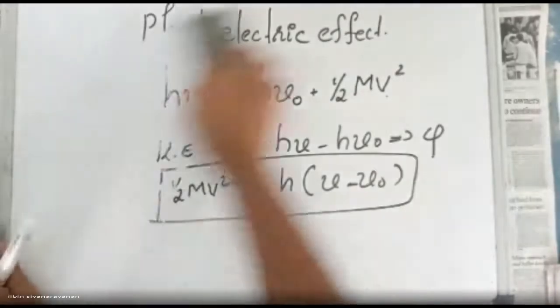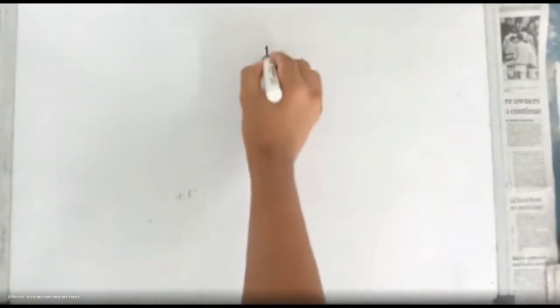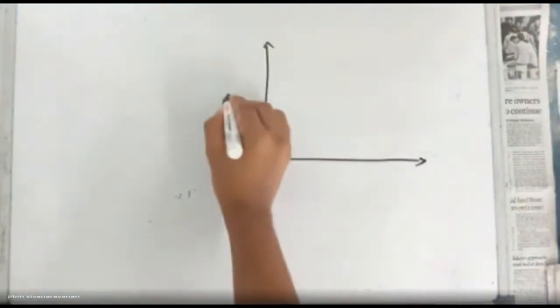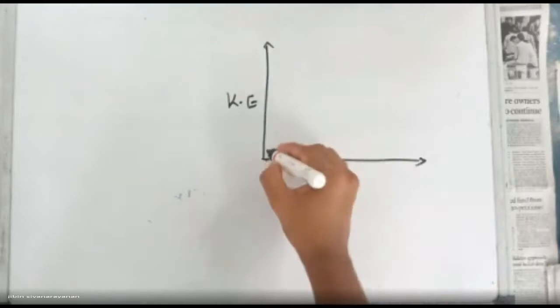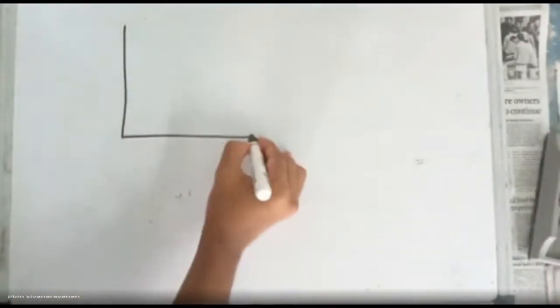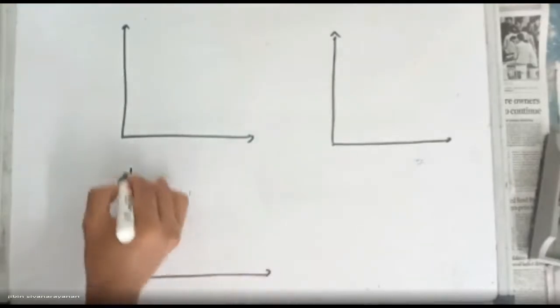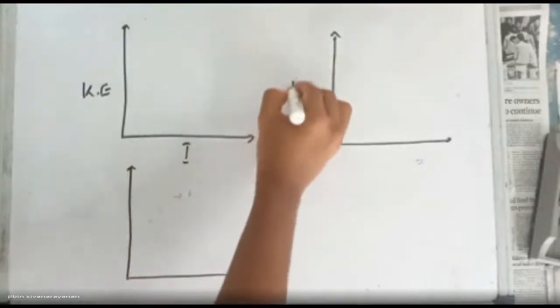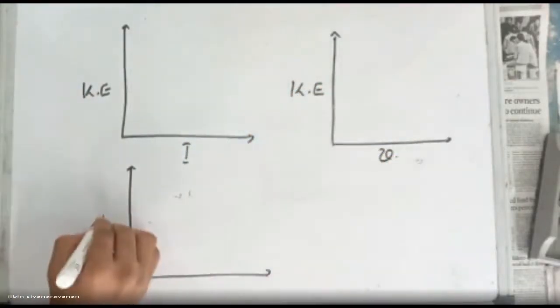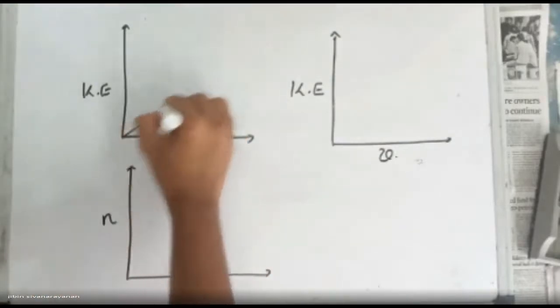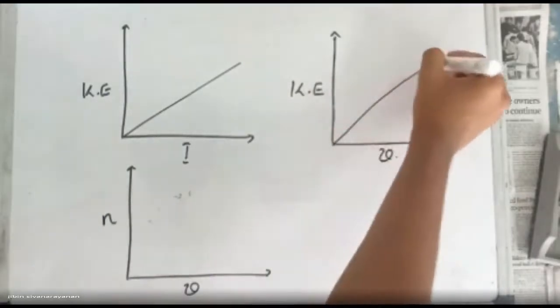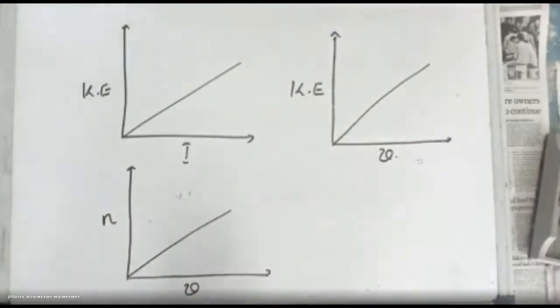If I give a plot like this, which is the correct graph among these three?